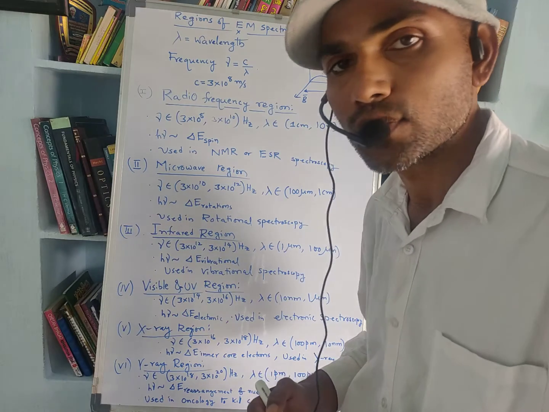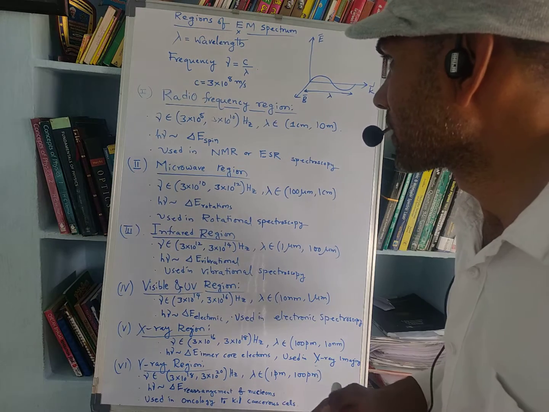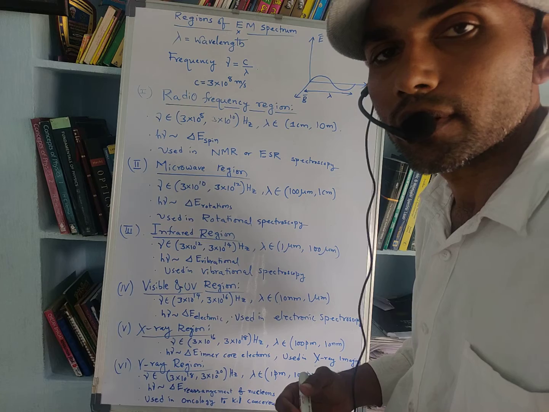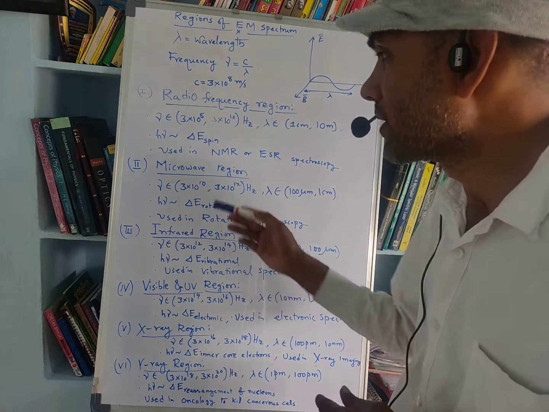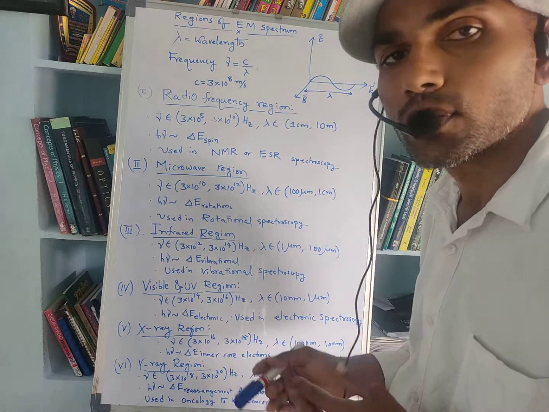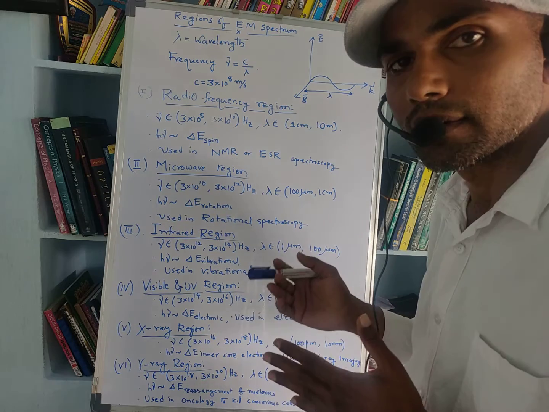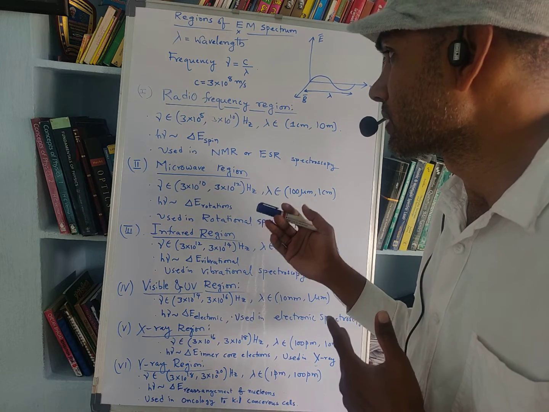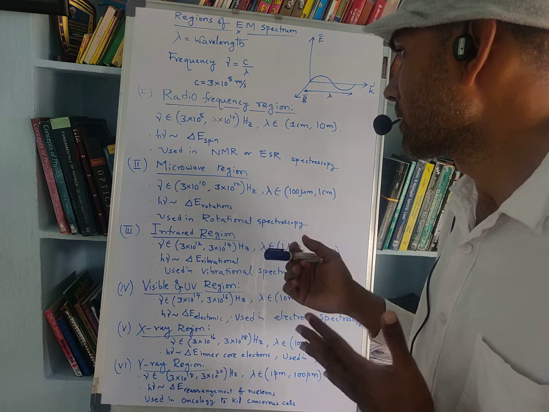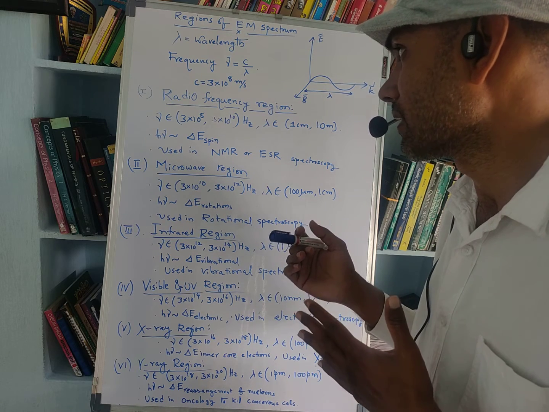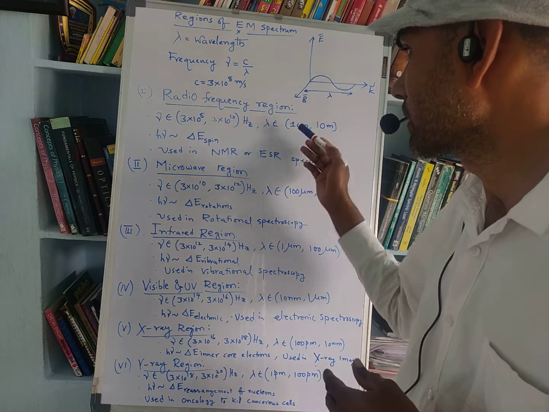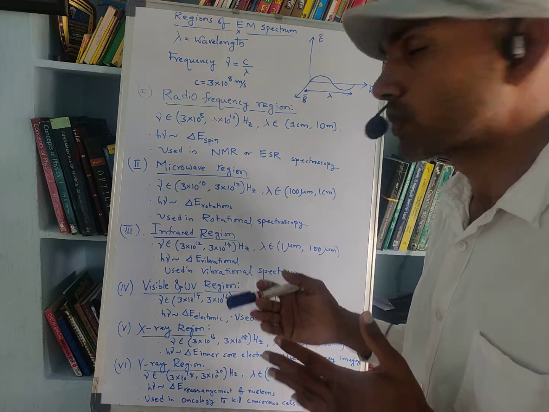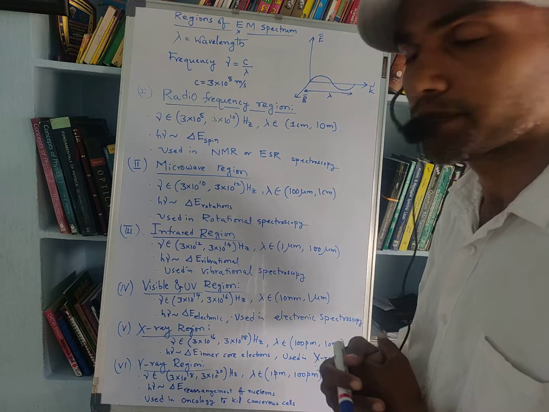The first one is the radio frequency region, in which the frequency of the electromagnetic wave will be between 3 into 10 power 8 hertz and 3 into 10 power 10 hertz. And the wavelength of this radiation will be from 1 centimeter to 10 meters.